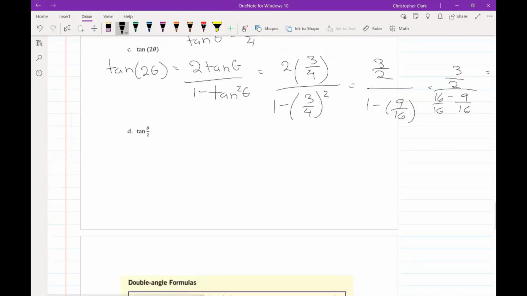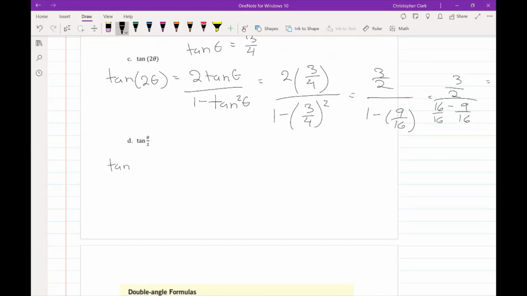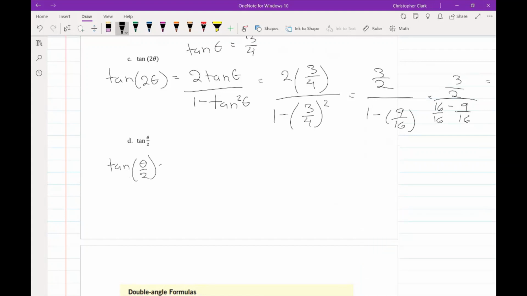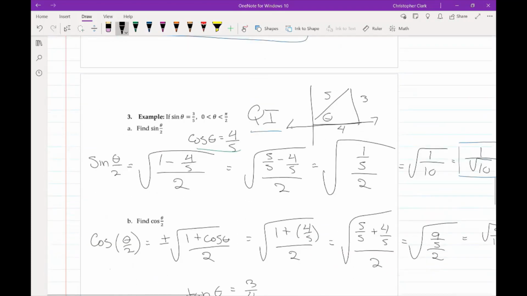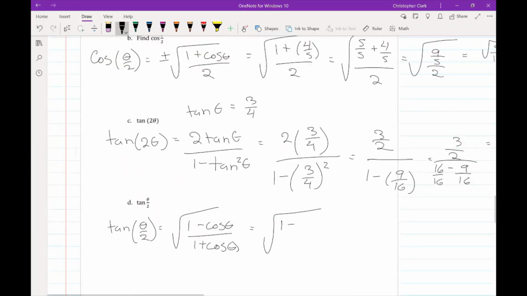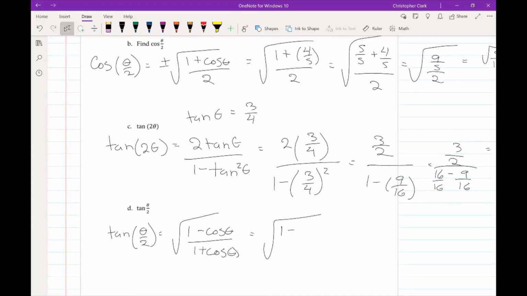So we have tangent of theta/2 is equal to the square root of, let's double check, (1 minus cosine theta) over (1 plus cosine theta). And this ends up being the square root of 1 minus, we found cosine earlier, it was 4/5, over 1 plus 4/5.